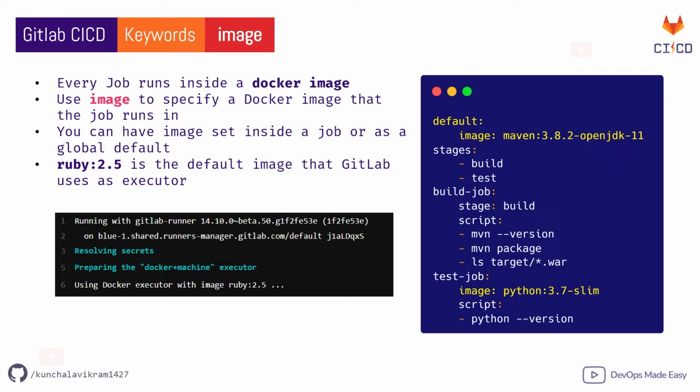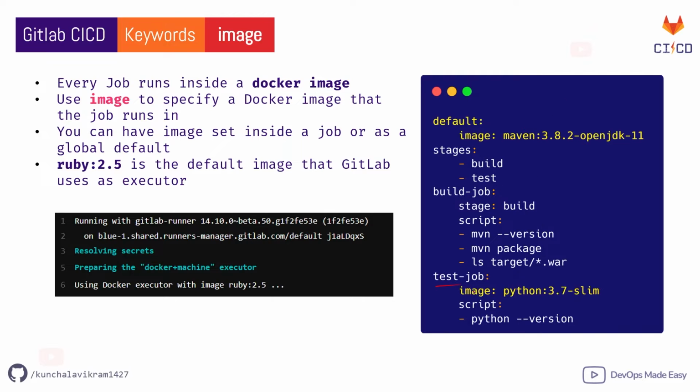If you see here, I have the default image set to Maven 3.8, which means all the jobs will now use this image, Maven 3.8.2, if they don't have any job level image set. Let's assume I don't have this at all. In this case, this build job is not defining any job level image tag, which means it will by default use this.